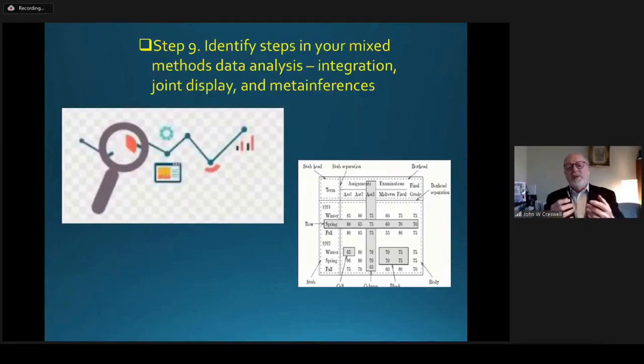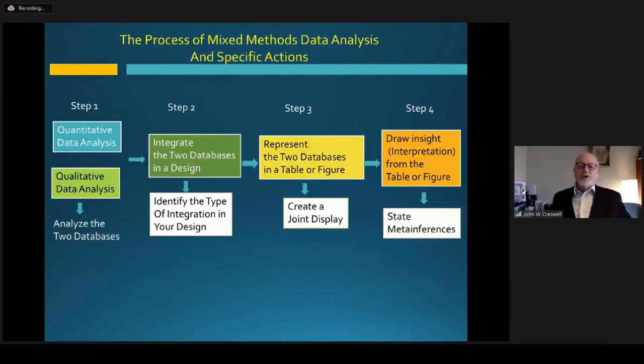And really mixed methods data analysis is the integration analysis, the integration of the two databases. So I put together this little chart that's helpful. And I also need to say that when I think about data analysis, whether it's quantitative or qualitative or mixed methods, I think in terms of the steps I'm going to use.